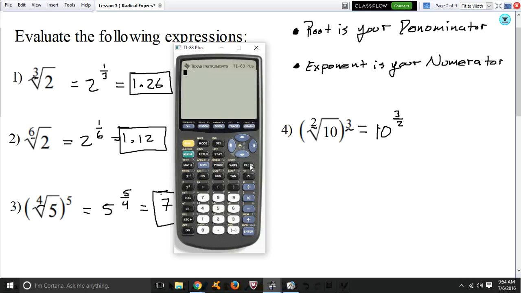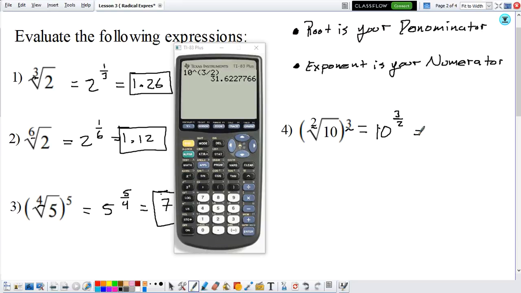And then once we know the expression in exponent form, we can just put that in our calculator. So we got 10 exponent 3/2, and now that just becomes 31.62.